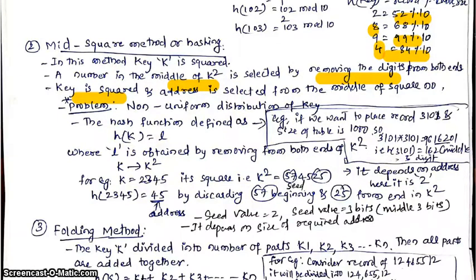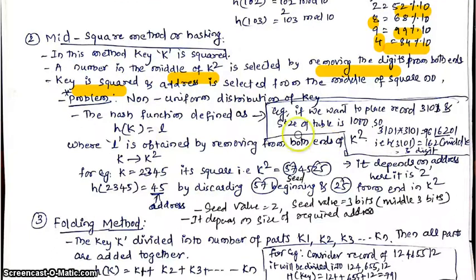For example, I want to generate the hash key for this item, that is 3101, and the size of the table is 1000. The table size is 1000. So what is the key for this 3101? Where do I need to place this 3101? At what index has 3101 to be placed?